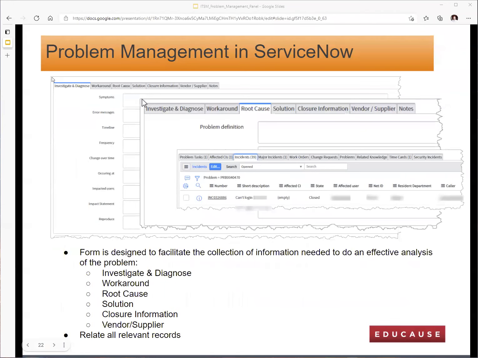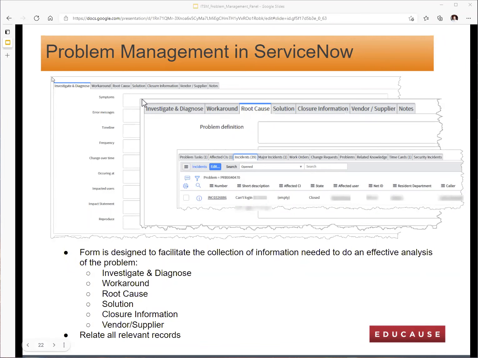Next slide. So the goal was to have everything in the problem record. Before the process was in ServiceNow, we had emails going back and forth, phone calls, maybe a ticket here, a ticket there, and it's very difficult to have a good problem process and a good analysis of a problem without getting everything about the problem together in one place.